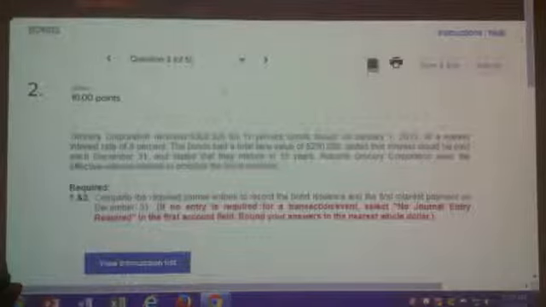So we're going on to question 2. Grocery Corporation received $300,328 for 11% bonds issued on January 1st at a market rate of 8%. The bonds had a total face value of $250,000, stated that interest would be paid each December 31st, and stated that they mature in 10 years.